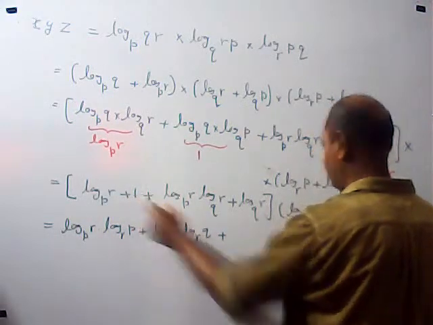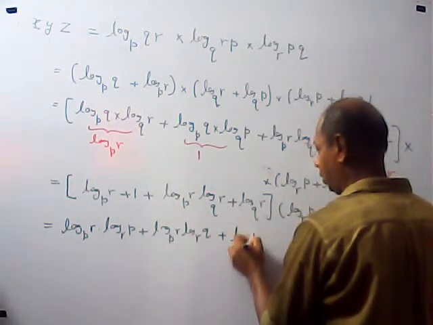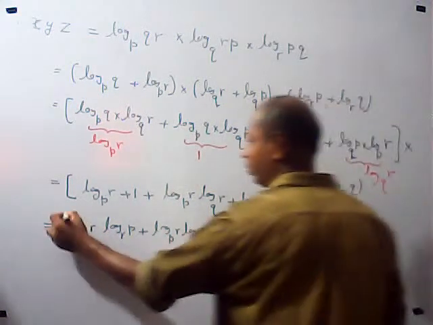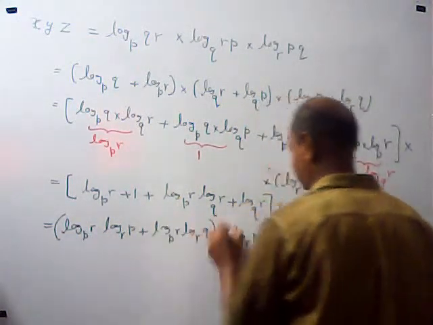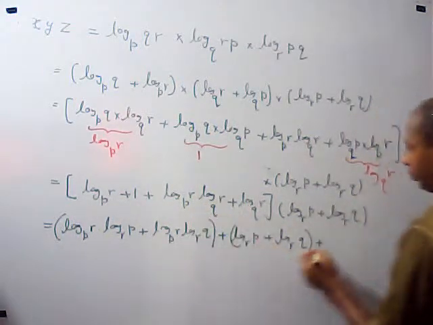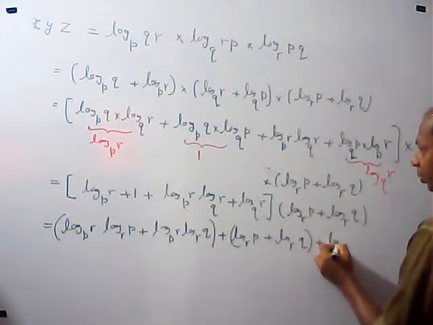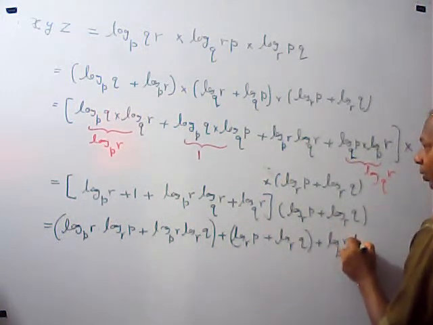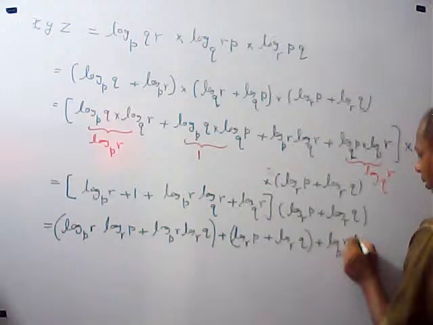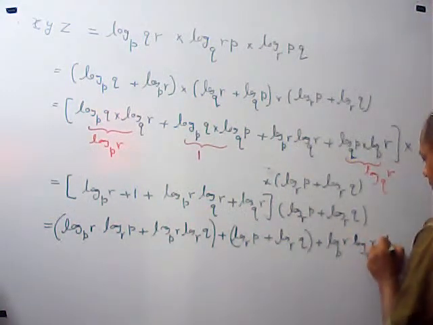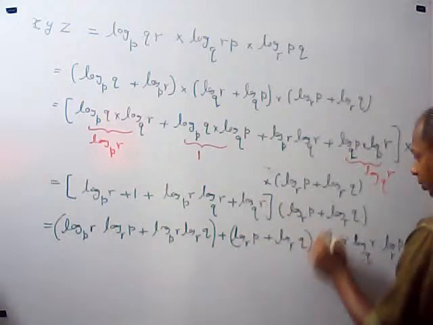Just then multiply by 1, log RP plus log RQ. Then plus multiply by this, log PR log QR log RP.